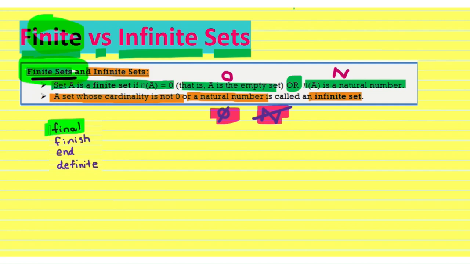And so if they get to round 4, then that would be the final or finite number of rounds that we played in. We get to the finish, we get to the end, or we have a definite number. So those are all different words that help us understand what the word finite means. It means there's a final number, there's a finish line, there's an end place, there's a definite number if it's finite.